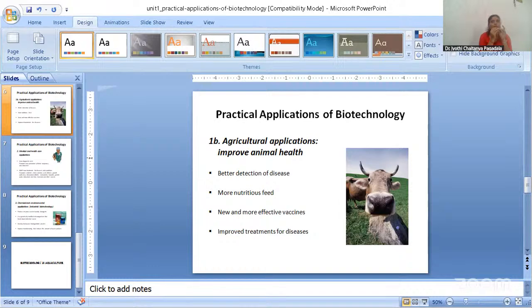Coming to micropropagation, it is a tissue culture method developed for the production of disease free, high quality planting material and for rapid production of many uniform plants.